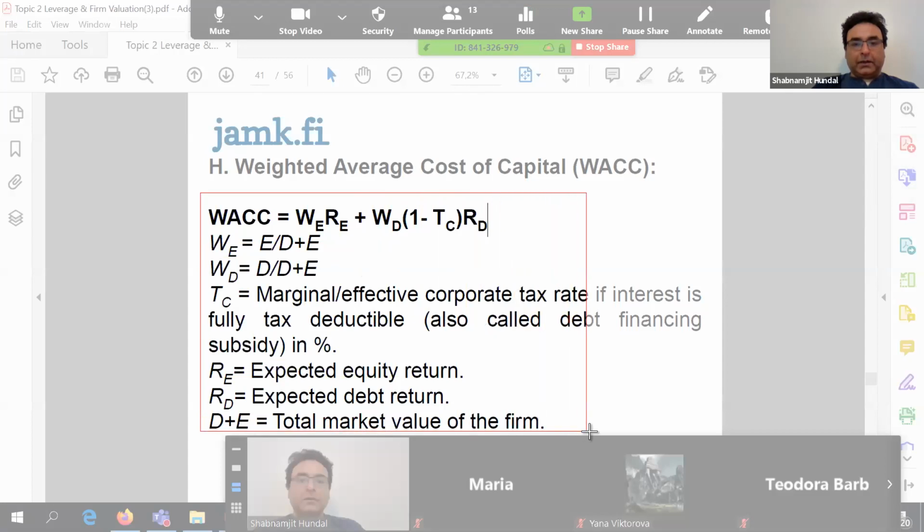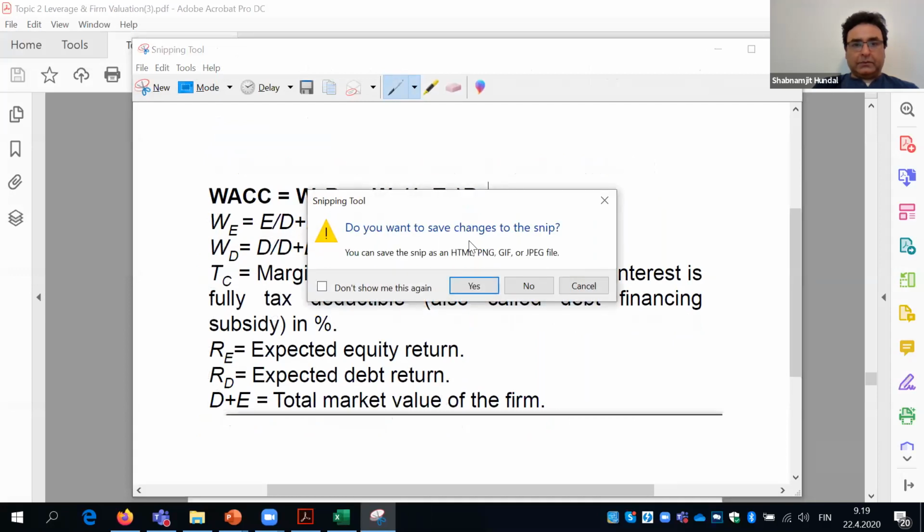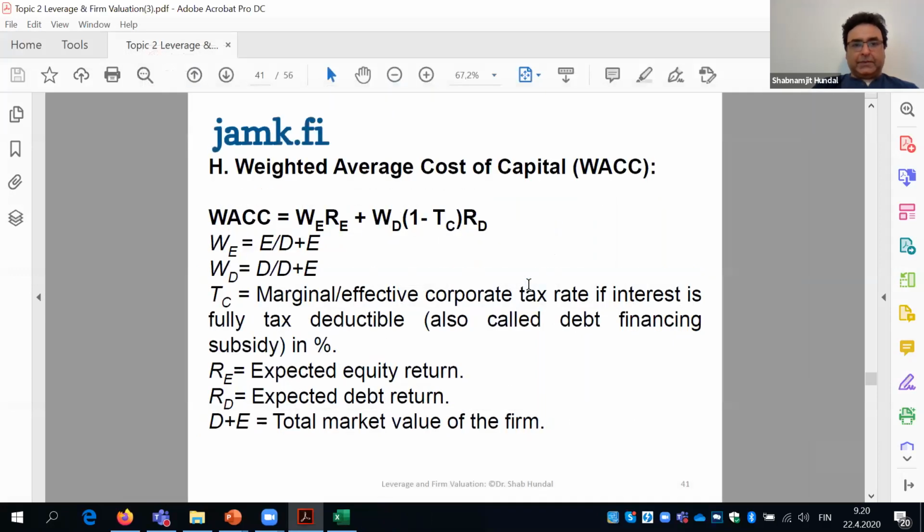So I copy the formula. No, it doesn't. Just a sec.